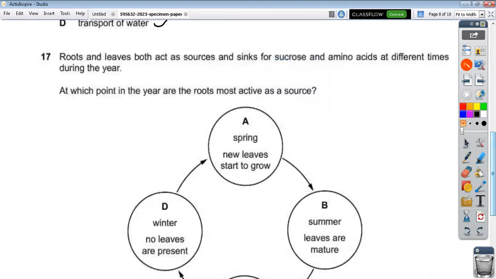Roots and leaves both act as sources and sinks for sucrose and amino acids at different times during the year. At which point in the year are the roots most active as source?